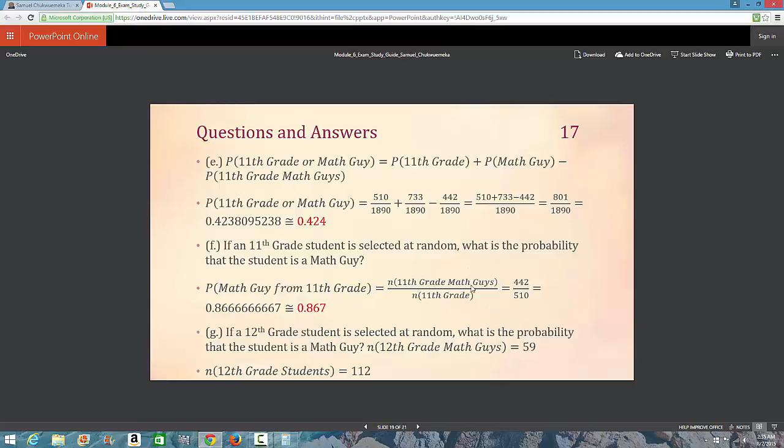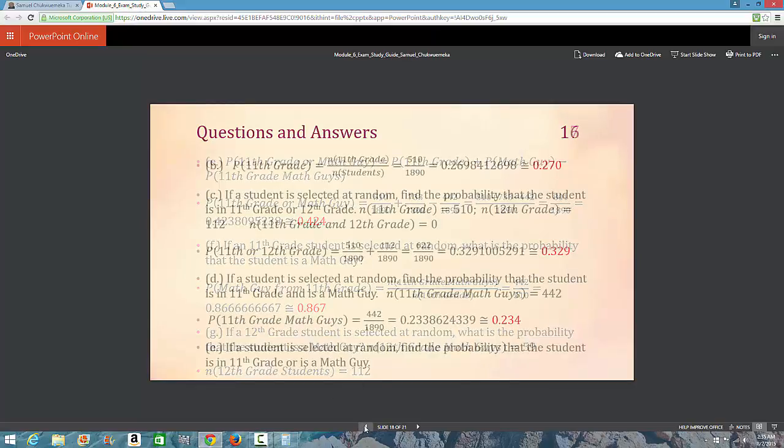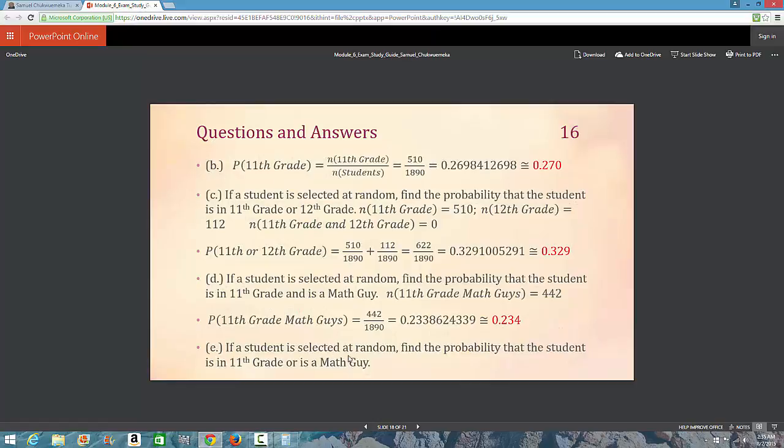Take note of that, please. It did not tell you if a student is selected at random. It told you if an 11th grade student is selected at random. So our sample space will just be 11th grade students. In the previous questions they said if a student is selected at random, because that is selecting a student at random from the school.